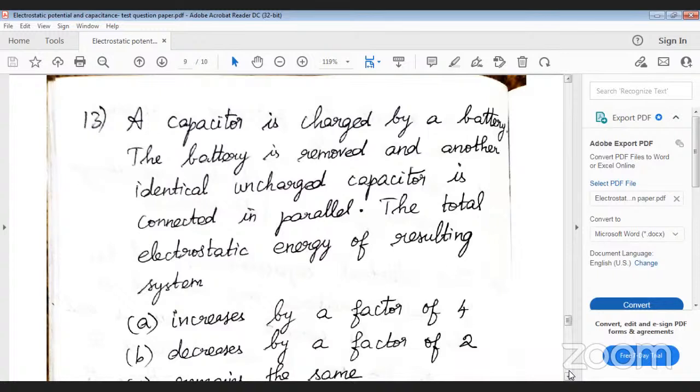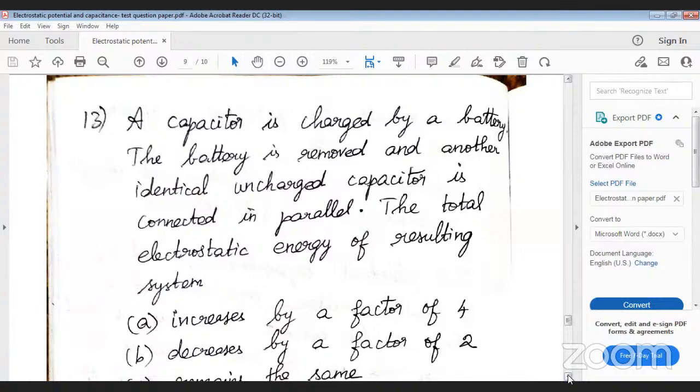There they gave you the circuit, and without removing the source, they changed the position of the key. But here they remove the battery and connect another identical uncharged capacitor in parallel. Now their question is, what will happen to the total electrostatic energy of the resulting system?